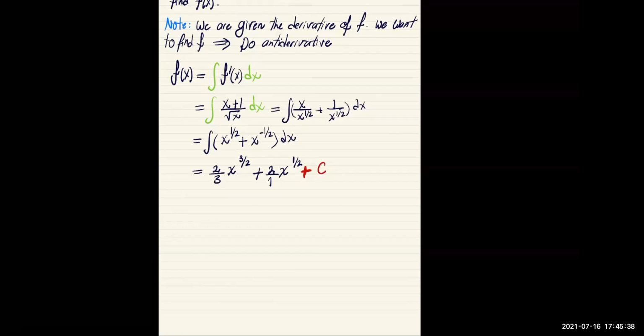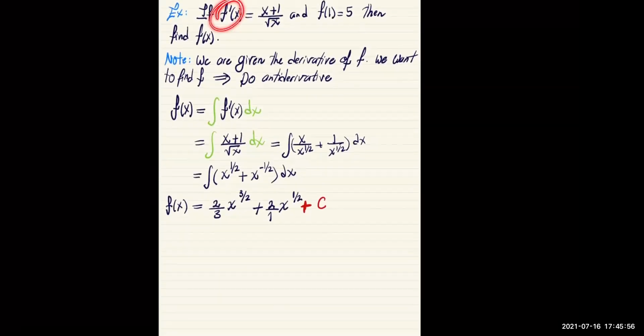Just do that. Don't do C1, C2. C1 plus C2 gives you another C like that. So this, guys, this is our f of x. This is called a solution. We have the derivative function. The solution is this, the antiderivative.